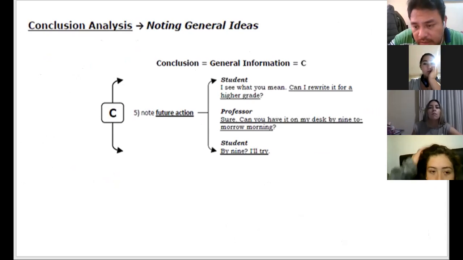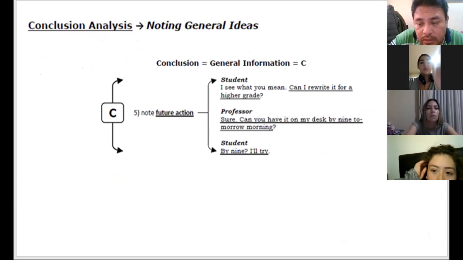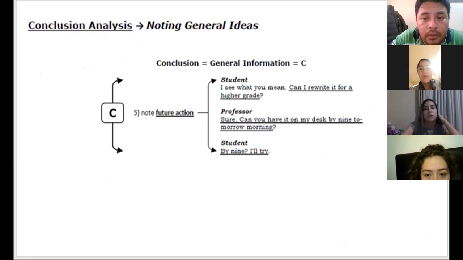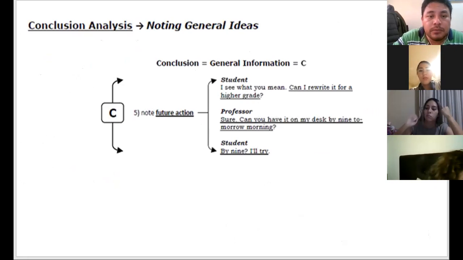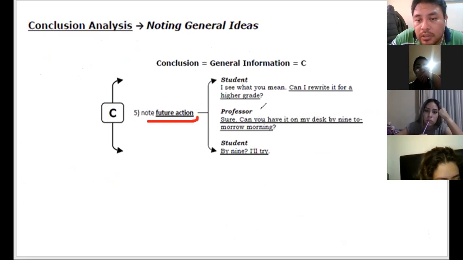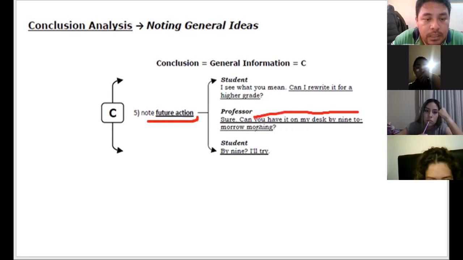The conclusion will typically suggest a future action, such as the student writing and handing in her essay for a higher score, a higher grade. That is what she asked for at the time. Now here, the future action is, sure, can you give it on my desk by 9 tomorrow morning? Giving an option that will happen in the future.